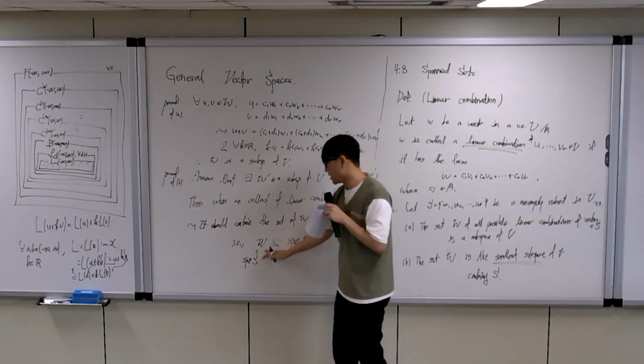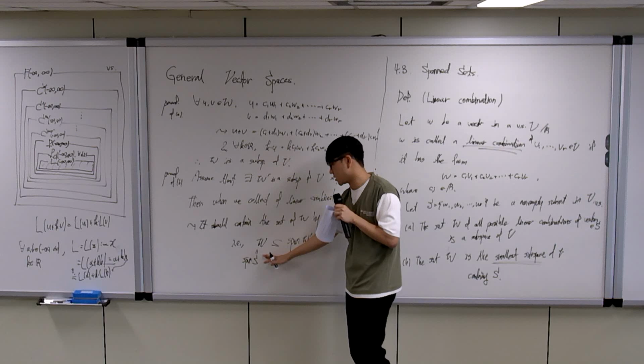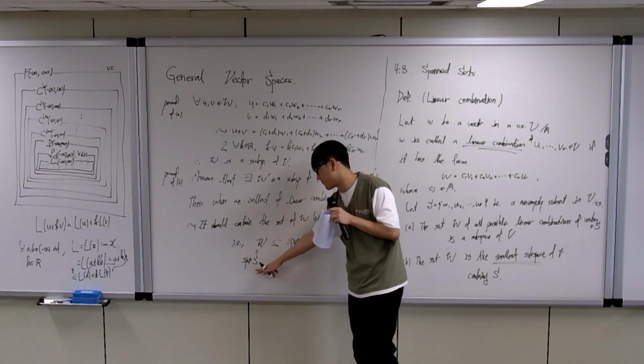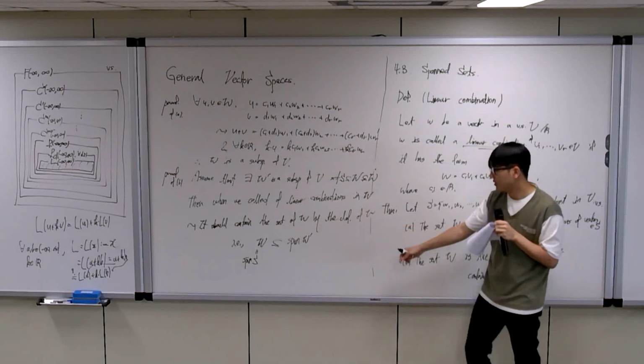It is a collection of all linear combinations constructed from S, and it is the space constructed from W prime.